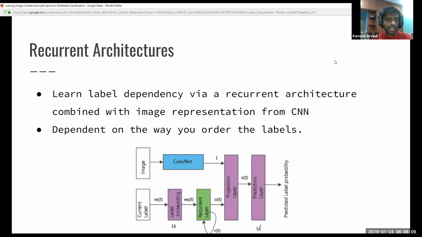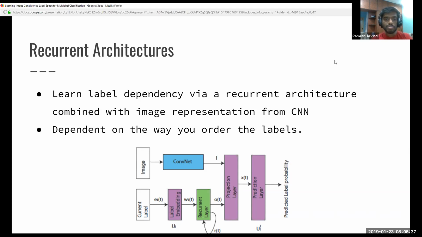Another architecture is the recurrent component added to the same model. What it does is you add another recurrent component to the whole model, which is explicitly present to capture this label dependency. As you can see in the diagram, you have a ConvNet path, and then you have another recurrent path into which you feed the previous label, and you constantly pass the previous output back into it and keep getting labels.